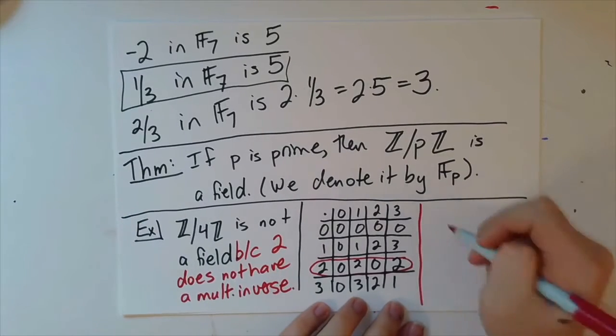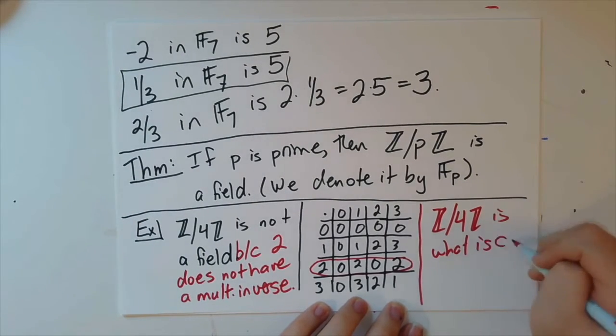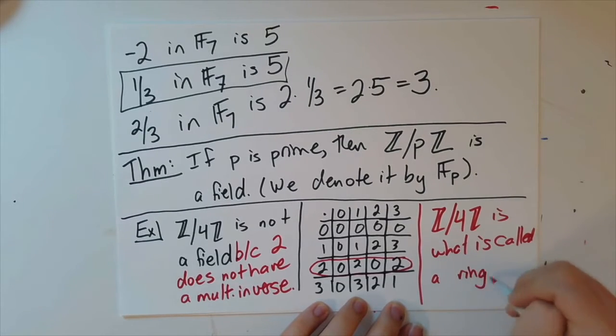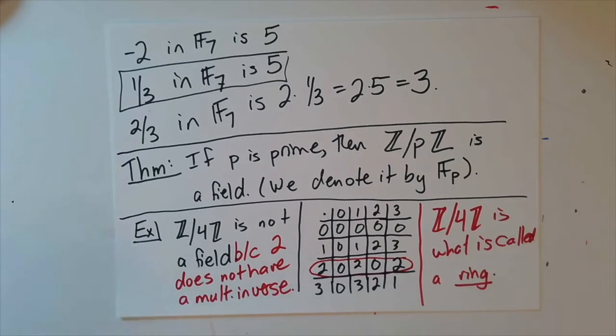In fact, if you want the terminology, Z mod 4Z is what's called a ring, which is to say that it satisfies some of the properties we would hope for a field to satisfy, but it doesn't satisfy all of them. And so, in particular, we can't do anything that we're about to do with Z mod 4Z.